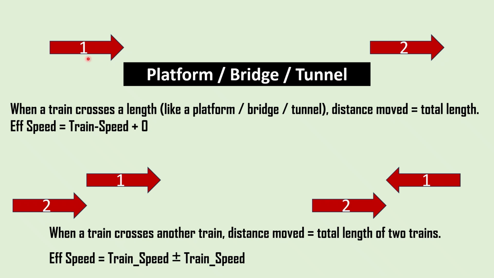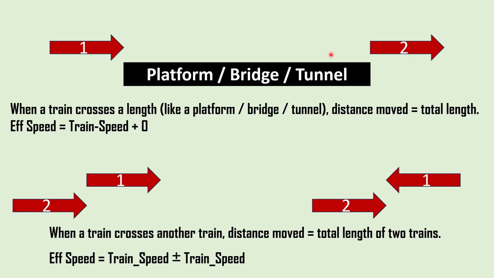So if a train in position number 1 crosses the platform and comes to position number 2, the train fully crosses the platform. The distance traveled is the sum of the lengths, that is length of the train plus the length of the platform or the bridge or the tunnel.